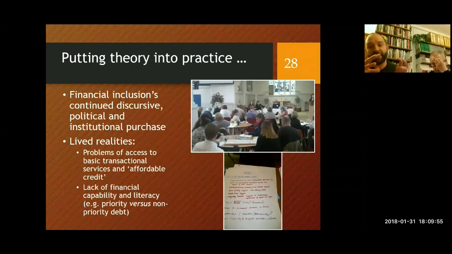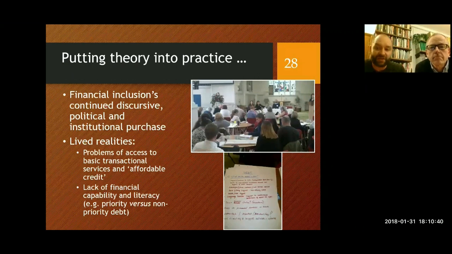Although in theory I have a lot of sympathy with these critiques of financial inclusion, and I've been trying to work through ideas of financial resilience and financial citizenship, and think about their strengths and weaknesses and how they could be deployed in these ongoing debates, from my practical experience working with Nottingham Credit Union, Nottingham City Council, Advice Nottingham, sorry, and other debt advocacy organisations, financial inclusion still has a lot of purchase, discursively, politically and institutionally.